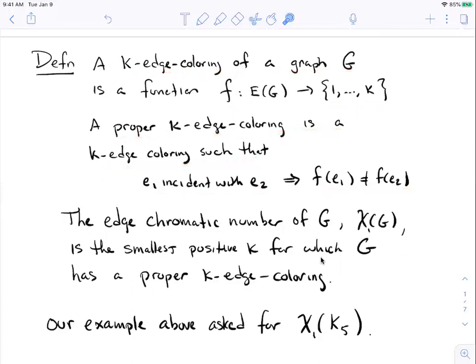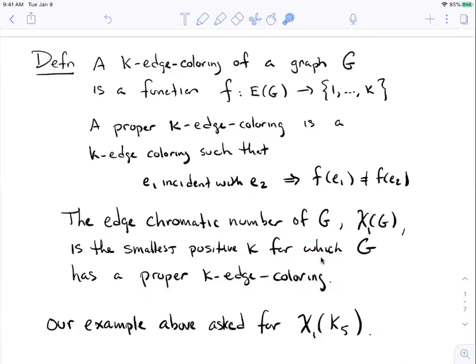The edge chromatic number is denoted by chi-1, subscript chi-1 of G. It's the smallest positive k such that G admits a proper k-edge coloring. So very analogous to the notion of vertex coloring, it's just that we're saying incident edges have to get different colors.